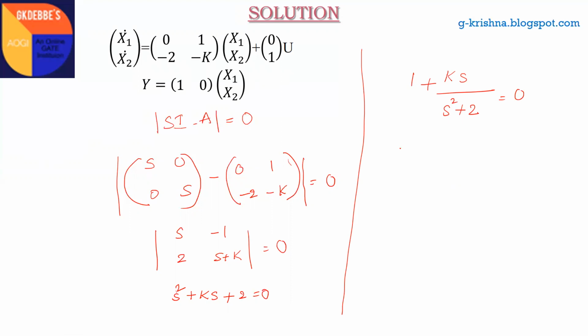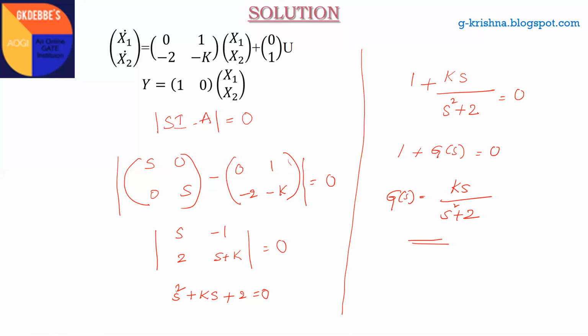Now compare this with the standard format 1 plus G of s equal to 0 for unity feedback systems. For non-unity feedback systems, it will be 1 plus G of s H of s equal to 0, where G or GH is the open loop transfer function. What is G of s? It is Ks by s square plus 2. So this is the given open loop transfer function.